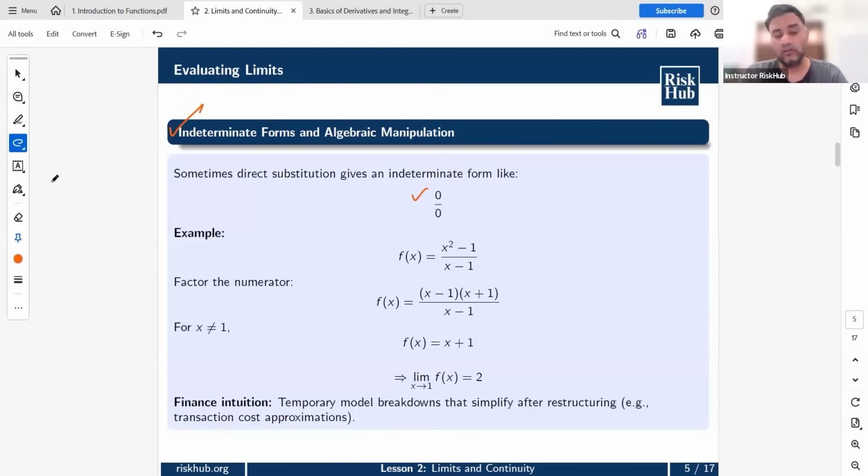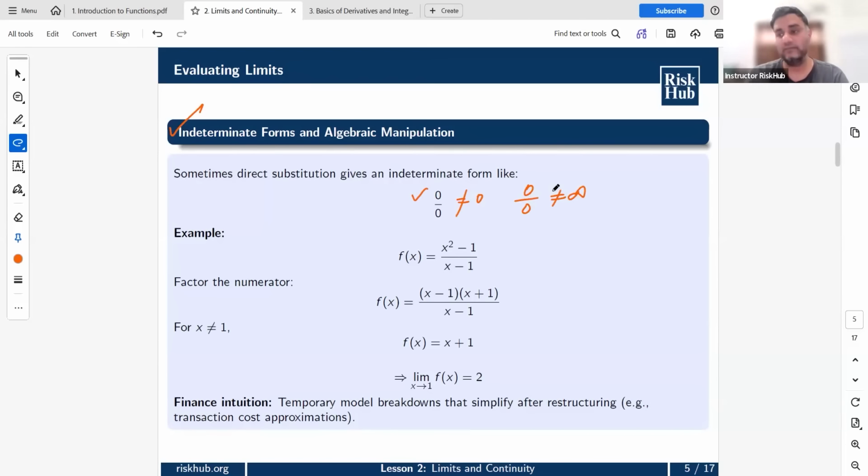This is called an indeterminate form. Please understand, 0 by 0 is not equal to 0. Some people think 0 by 0 is equal to 0. No, and 0 by 0 is also not equal to infinity. It simply means the expression needs further simplification.